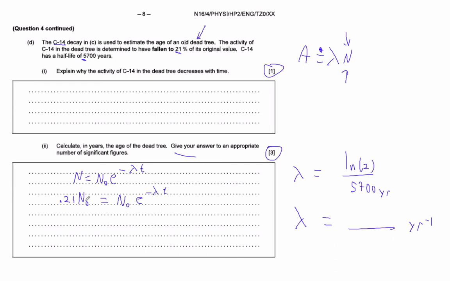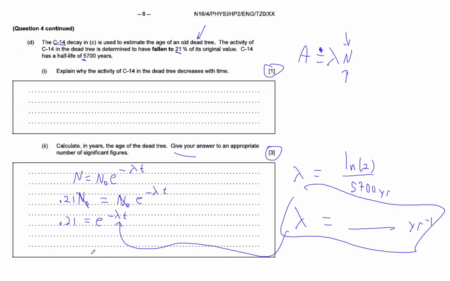Anything that scales with the number of atoms you have, you can use this formula on. Ultimately we end up with 0.21 equals e to the minus lambda t. We have lambda from this, so plug that in and solve for it. You get something like 12,833.8 years, and then round that to 2 sig figs. Do your maths.